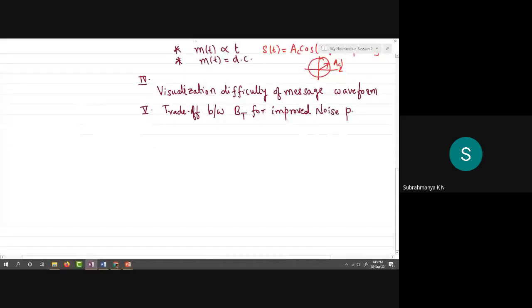Compared to your AM signal, angle modulated signals will have an enhanced improvement in noise performance. They will be more resilient, not so prone to noise. So there will be much improved performance with respect to noise. However, you have to pay the price of an increase in bandwidth. The bandwidth of an angle modulated signal is larger compared to the AM signal.